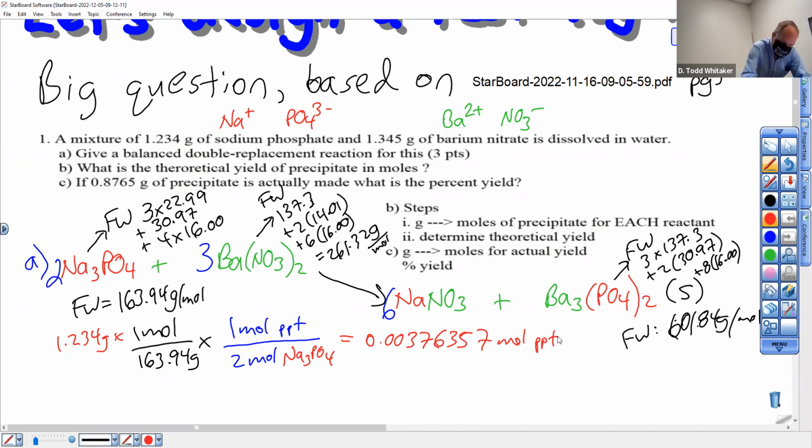So we got this guy. We took care of it there. This guy we're going to take care of down here. So we had, it's in green, 1.345 grams Na3PO4, 1 mole for every 261.32 grams.